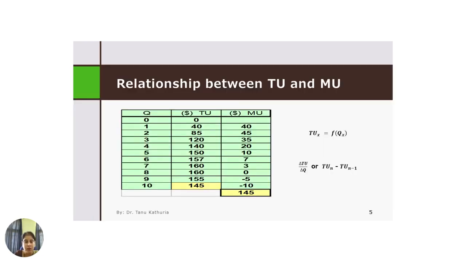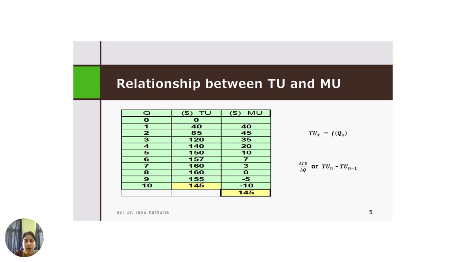What is the relationship between TU and MU, that is total utility and marginal utility? After consuming the first unit, I'm getting 40 units as my total utility. So marginal utility is also 40 because there was no previous consumption. After consuming the second unit, my total utility has increased to 85. So my marginal utility would be 85 minus 40, that is only 45.